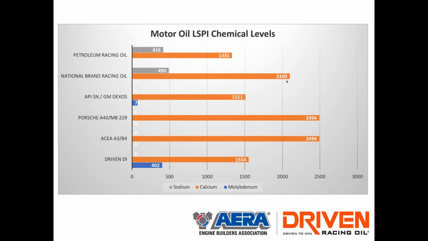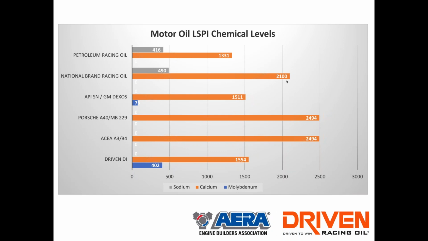That's one of the big changes that's hitting the industry right now. GM with their Dexos package that just came out or was upgraded back in September of 2017. As you can see on this slide, they cut their calcium package right down to 1,500 ppm, back to where, again, literature, industry testing all kind of points that 1,500 parts per million is the sweet spot for calcium.